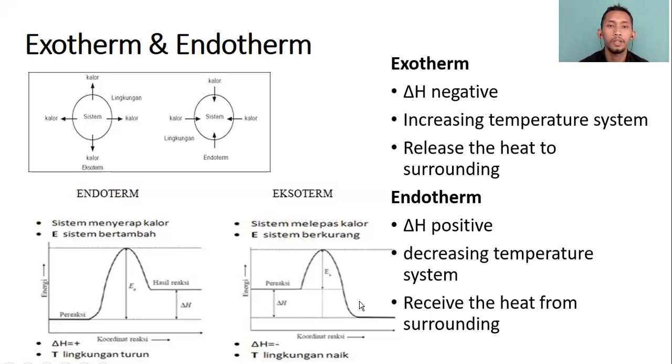So three parts that are almost the same, but usually people get confused here. For me, I usually memorize one thing first. Exotherm: delta H is always negative, and the temperature is always increasing.